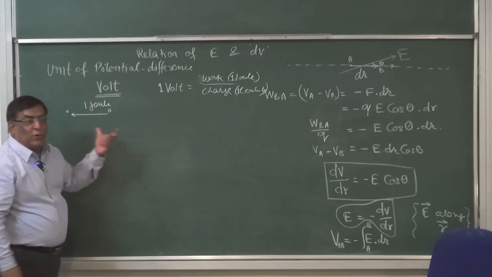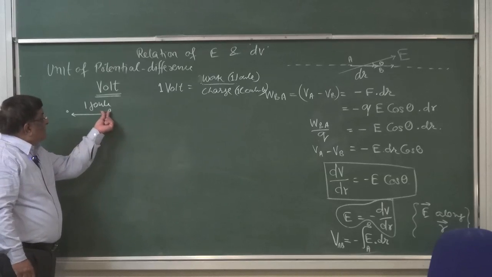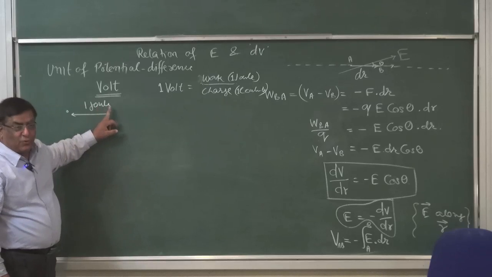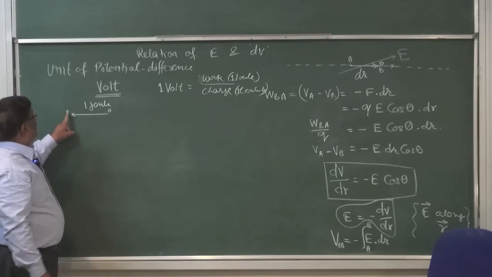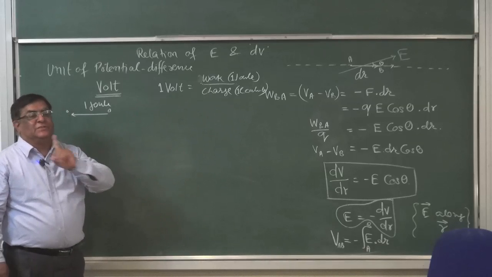Then the potential difference between these 2 points will be known as 1 volt. This is 1 volt.